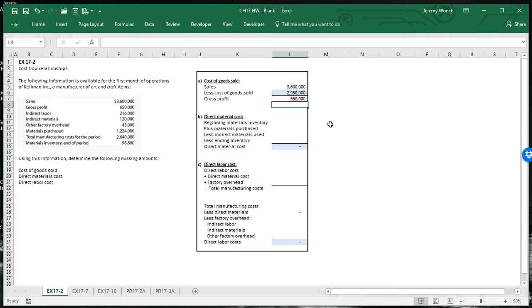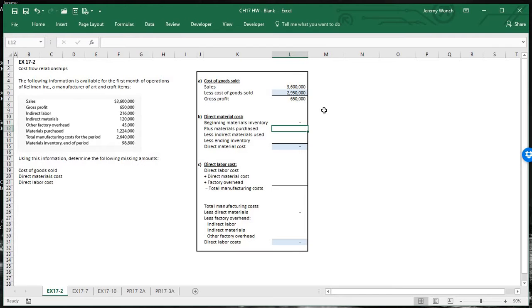Next it asks us for our direct material cost. If we know our beginning and ending inventory and what was purchased, we'll know what was taken out, which is our actual cost. It doesn't give us a beginning balance for direct materials, so we just put in a 0 right there.